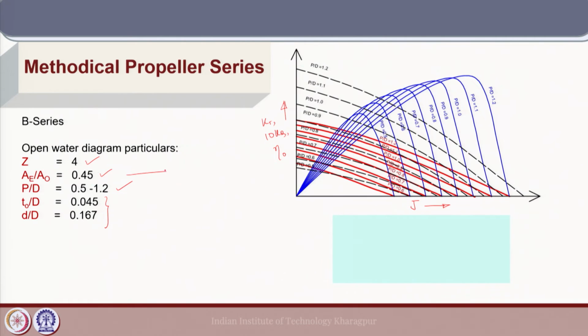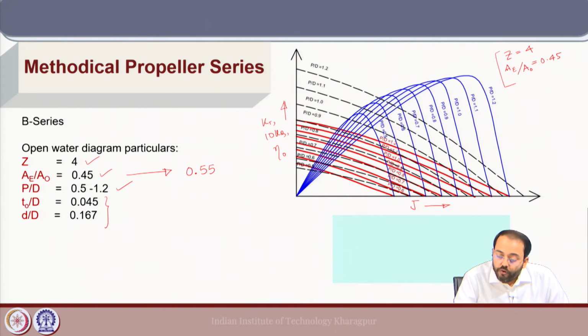So, if we take another value here of 0.55, then we will get a new series of kT, kq and eta o versus J. So, a new set of open water curves will be generated in the same range of P by D. So, this particular diagram is valid for AE by A0 equal to 0.45 and Z equal to 4.